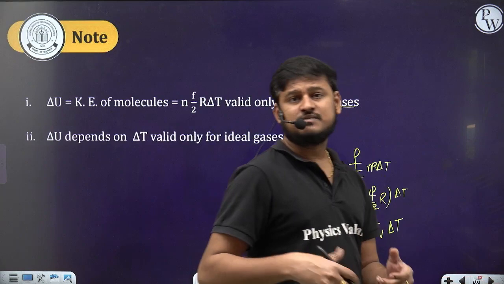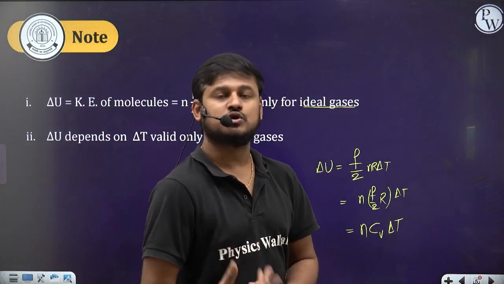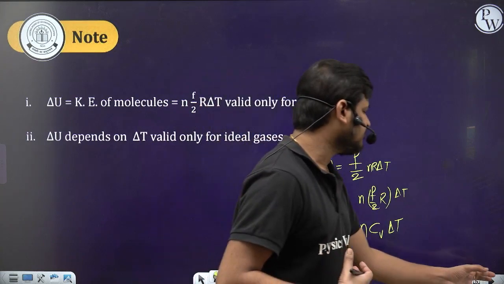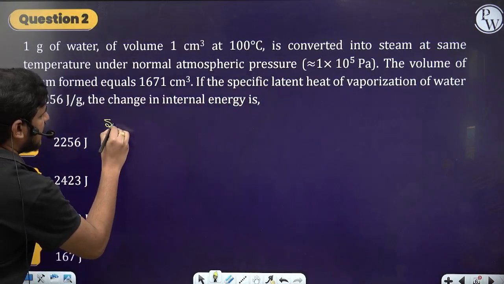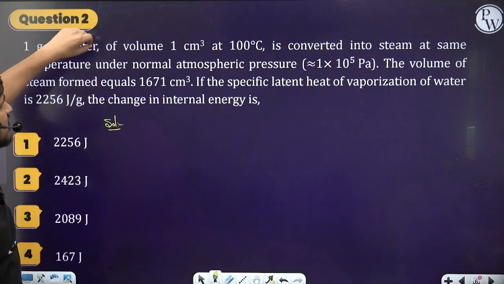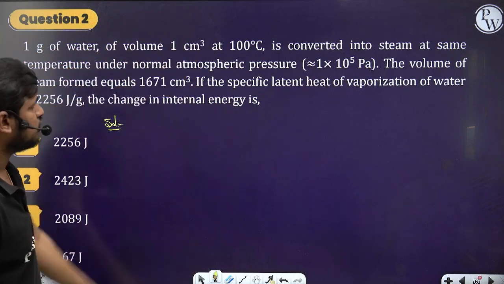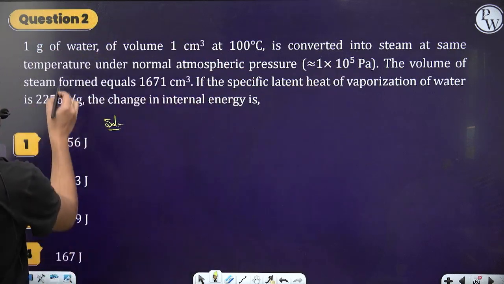Now, except for ideal gas, if some other gas or liquid is mentioned, then how do we solve questions on the first law of thermodynamics in such cases? Let's see this question. First understand the given information. 1 gram of water of volume 1 centimeter cube at 100 degrees centigrade is converted into steam at the same temperature.